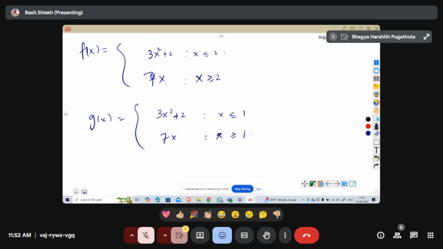Which among these is a function? These are the relations. Check whether these are functions or not.